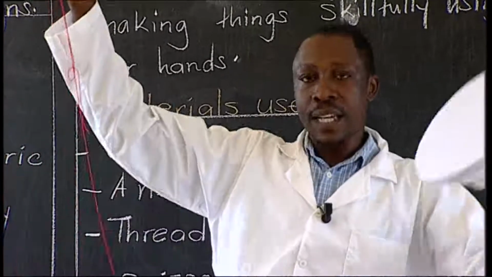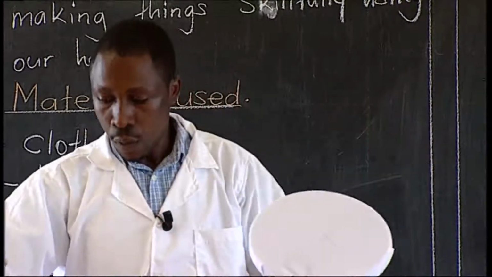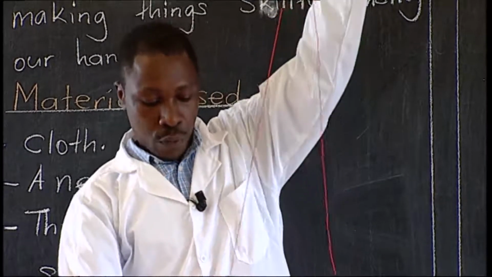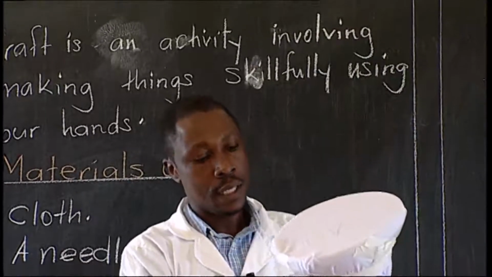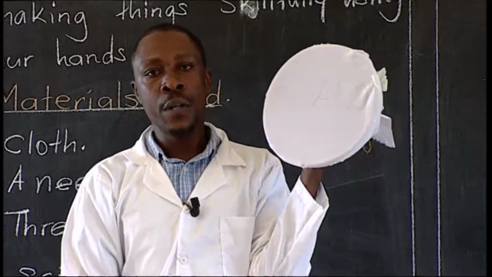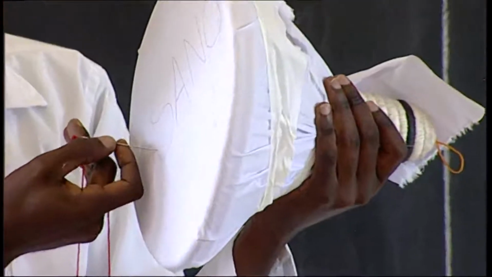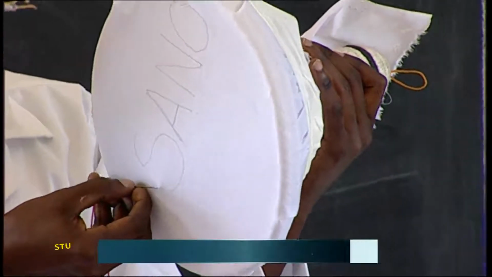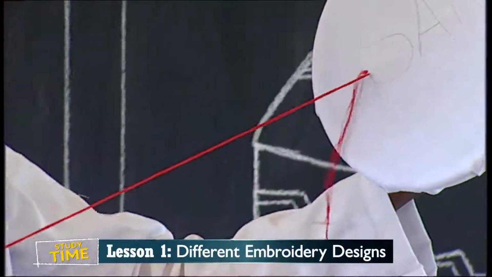Then use your sketch. The sketch which you have put on the cloth is the one which is going to direct you to write or to design the name Sano on this piece of cloth. So I'm going to begin with letter S. I start putting the name Sano slowly.